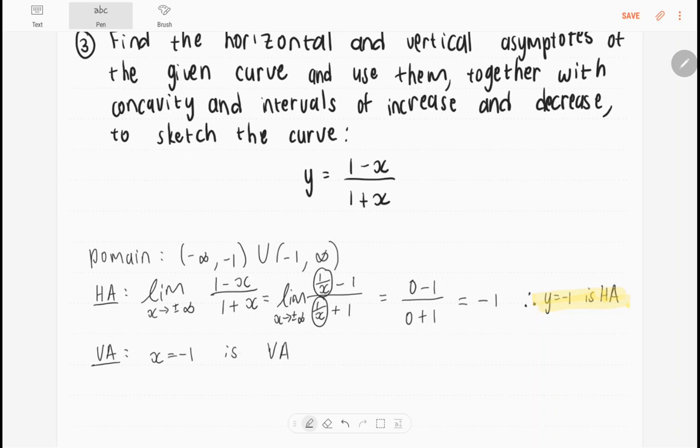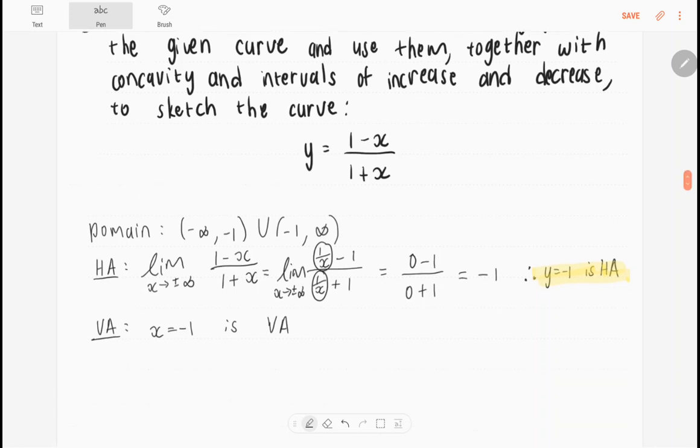And then we can also look at what happens to the function as it approaches minus 1 from the left and minus 1 from the right. And you can do that by taking the limit as x approaches minus 1 from the left of 1 minus x over 1 plus x.